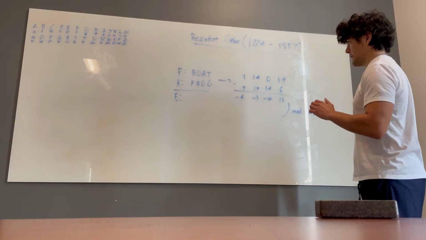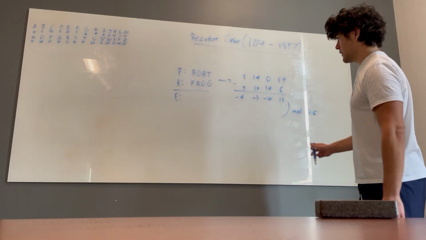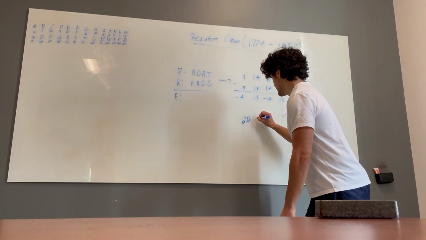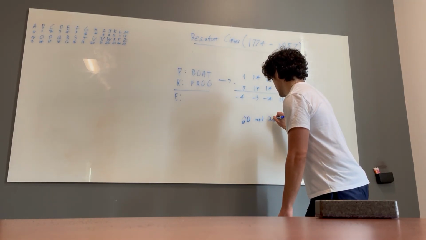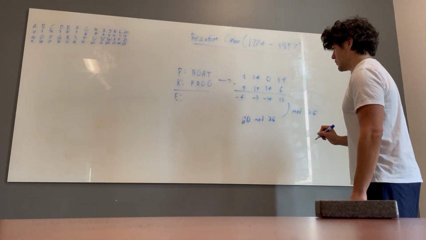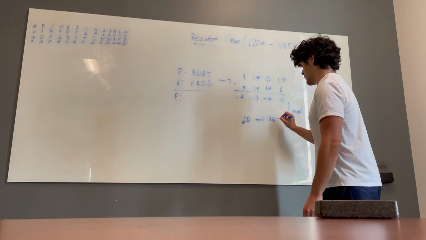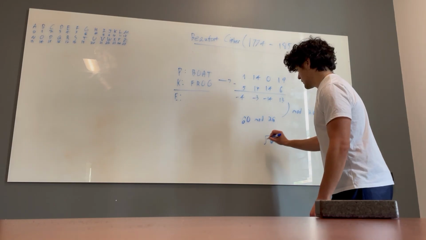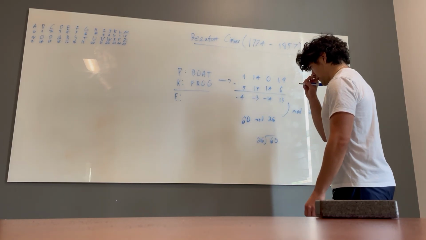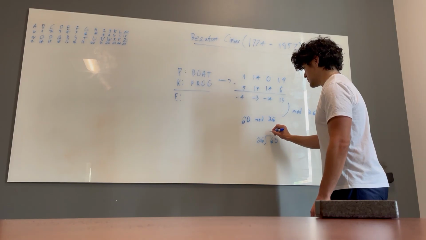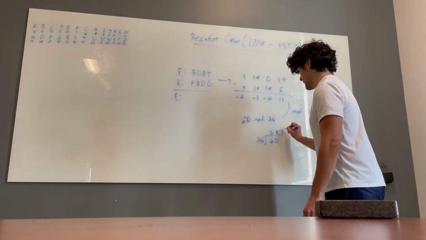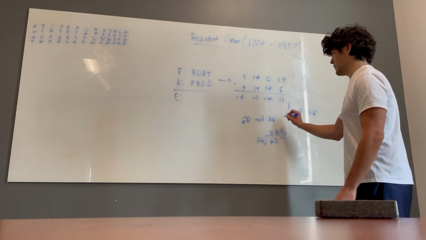As an example, if I take 60 mod 26, let's do long division: 60 divided by 26 is 2 remainder 8. So we just want this value, and 60 mod 26 is 8.